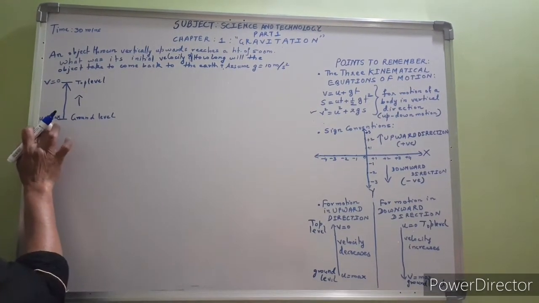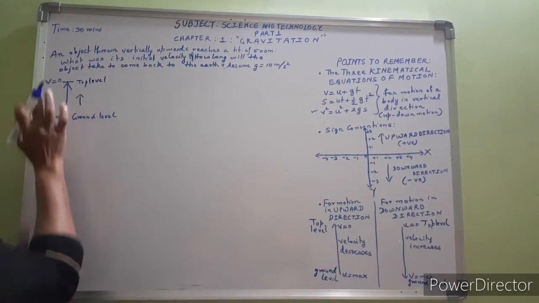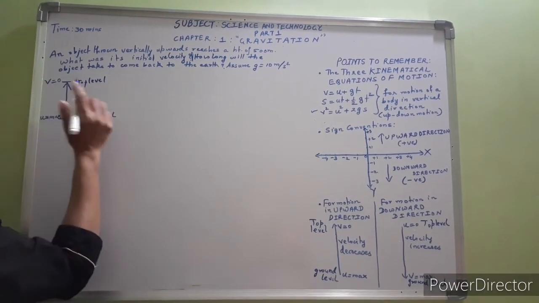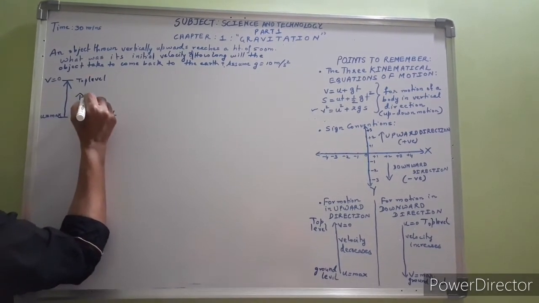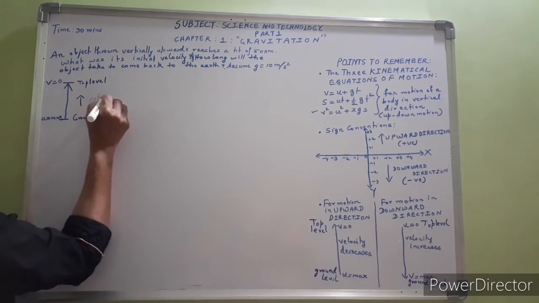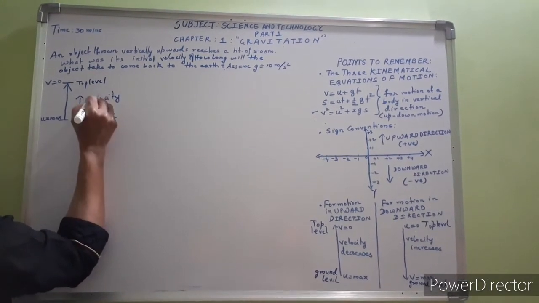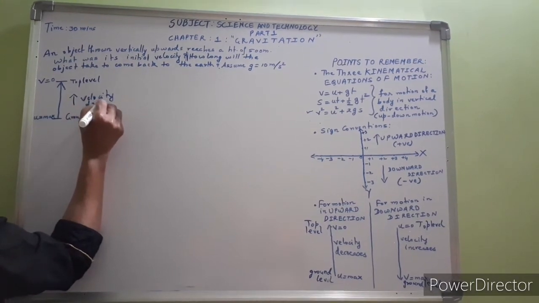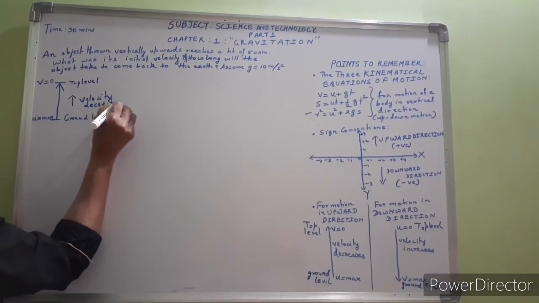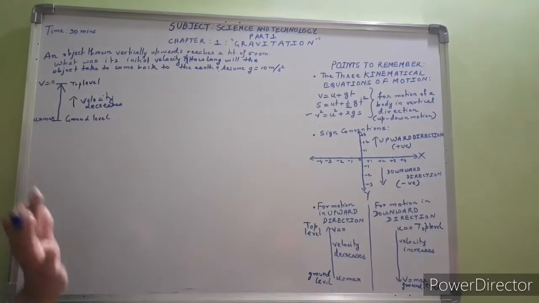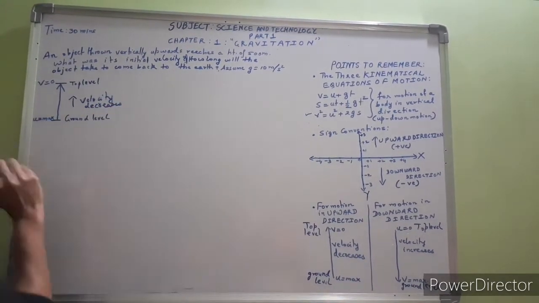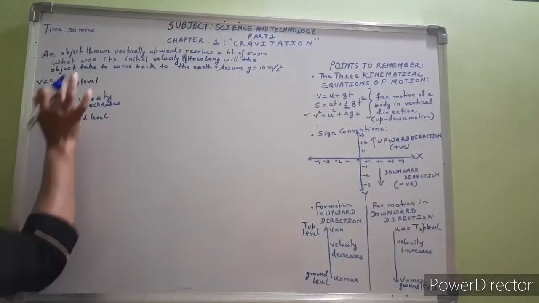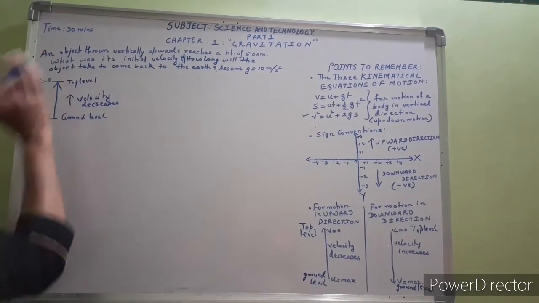So initial velocity will be maximum, and as it goes upwards, its velocity goes on decreasing and final velocity will become 0. So velocity decreases when it goes upwards, and finally when it reaches the top, its final velocity will become 0. So ground level, top level, body is going in the upward direction.